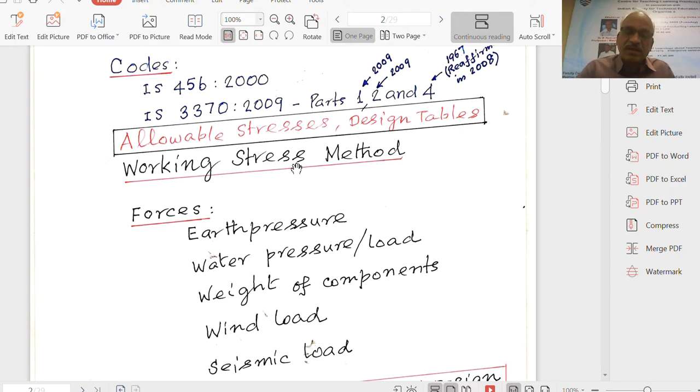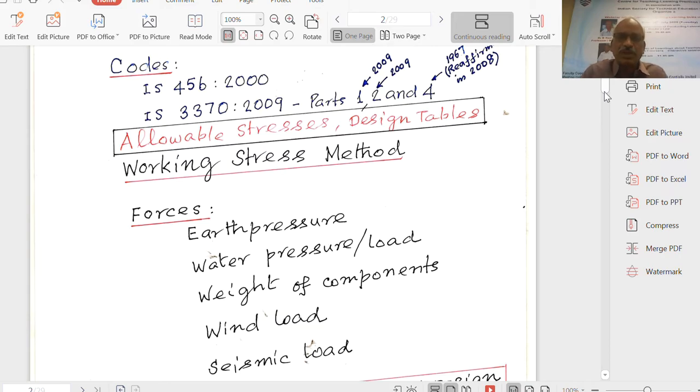And in the design of water tanks, we are going to follow only the working stress method. Right. Now, coming to the forces, if we design an underground tank, then the tank will be subjected to water pressure from inside, which is a triangular pressure diagram having a maximum value of w into H at the bottom.